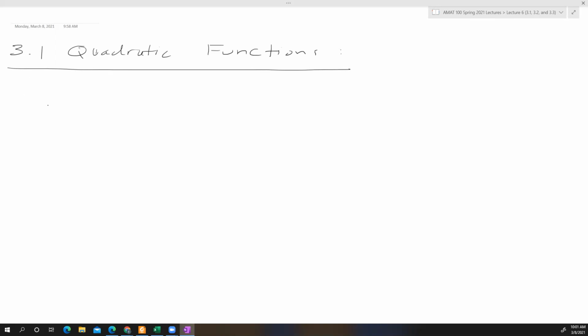So first, let's recall what a polynomial function is. A polynomial function is a function of the following form. We have these coefficients, these x terms to various powers. So we have a sub n times x to the n plus a sub n minus 1 times x to the n minus 1 power.